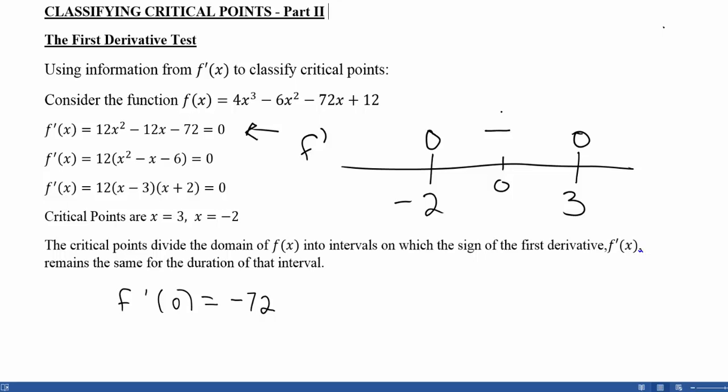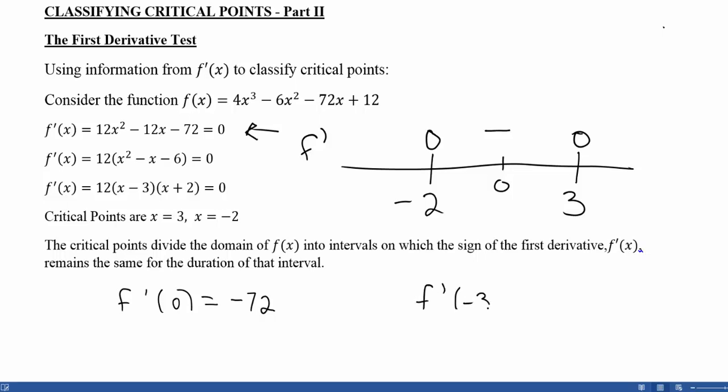I also want to know what's happening to the left of negative 2, between negative infinity and negative 2. That's another interval that I see here. So I can pick any number between negative 2 and negative infinity on the number line. Again, I'm going to pick a number that's reasonable to work with, so I'll pick negative 3.